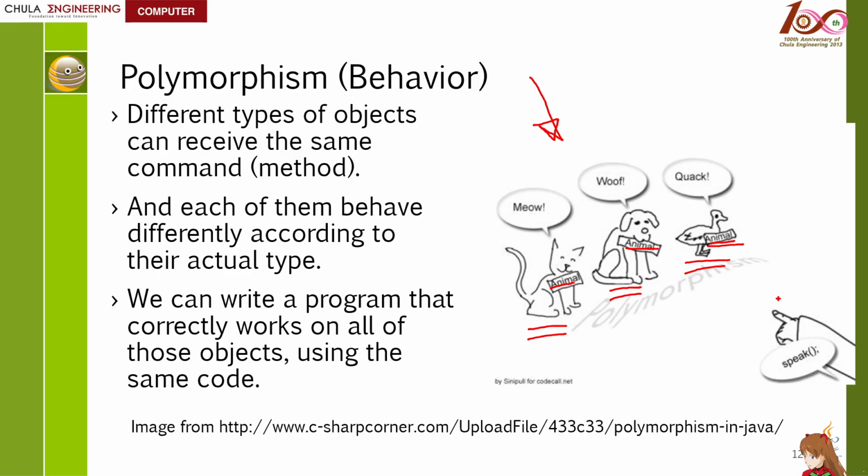So, when I actually use an animal, maybe I'll have a variable that is an animal, but I don't know whether this is a cat or a dog or a duck. But I don't really need to know.